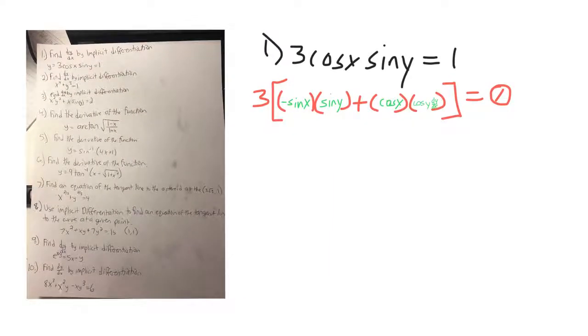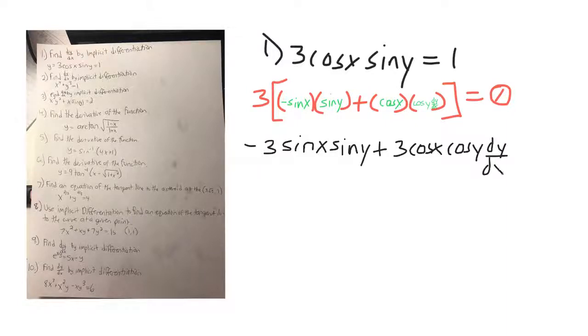And let's see what happens. So we could always distribute that 3, and that would become negative 3 sine x sine y plus 3 times cosine x cosine y times dy over dx equals 0.